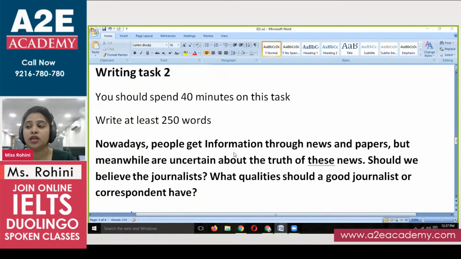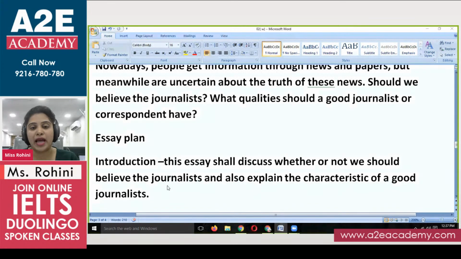Okay. If you want, I am repeating this introduction again. You can see the essay plan. Your essay plan is in this essay. You shall discuss whether or not we should believe the journalist and also explain the characteristic of the journalist. So this will be the thesis. In not exactly this, but थोड़ी सी variations होंगी sentences में.